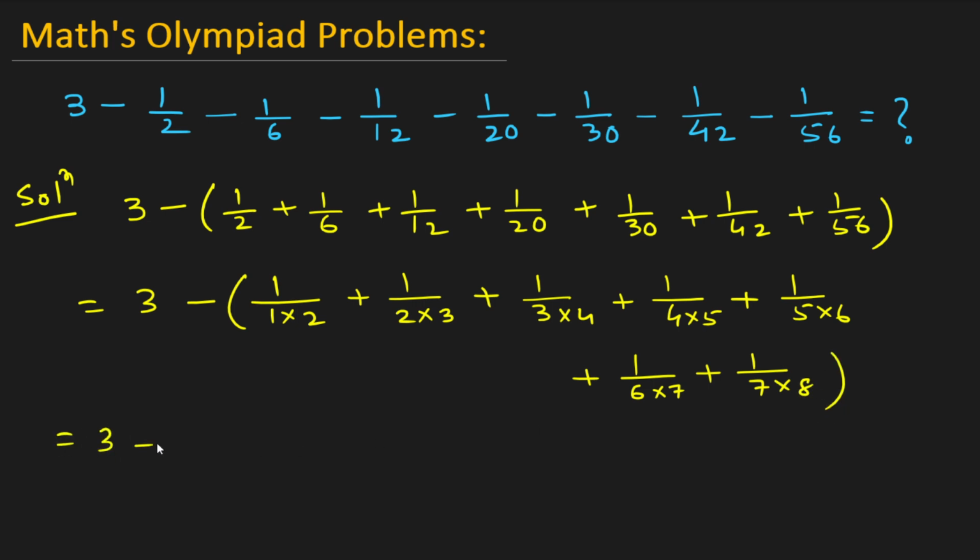Now in the next step, in the numerator we have 1. So instead of 1 we can write 2 minus 1. 2 minus 1 is again 1, and the denominator will be the same.